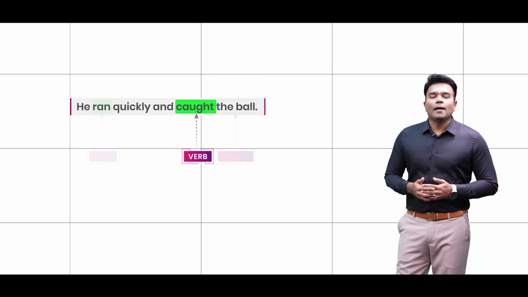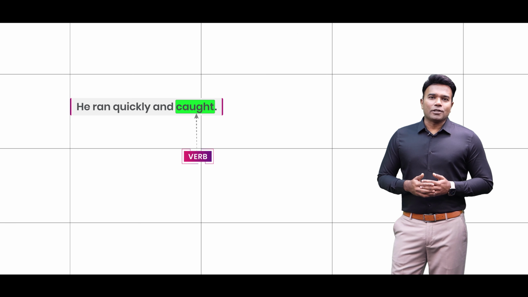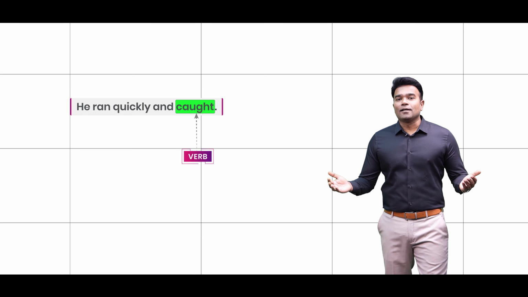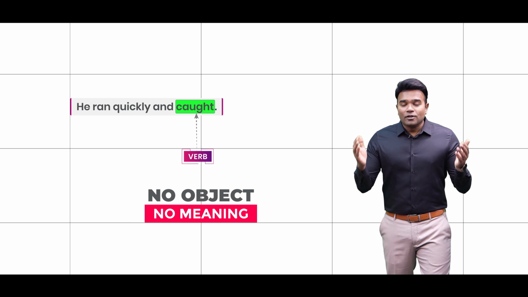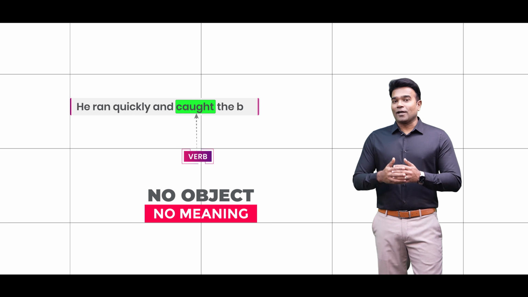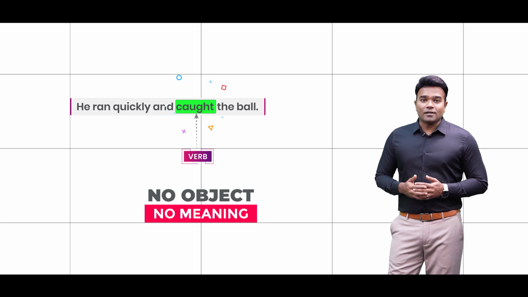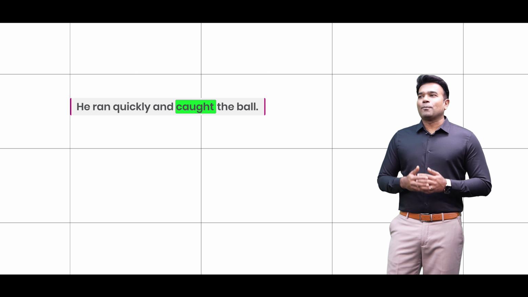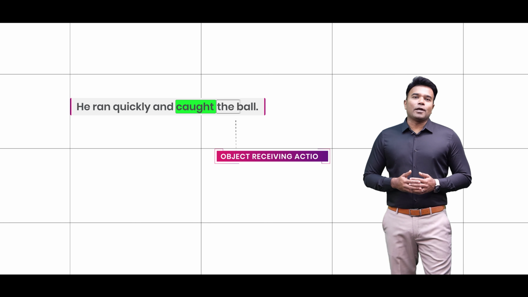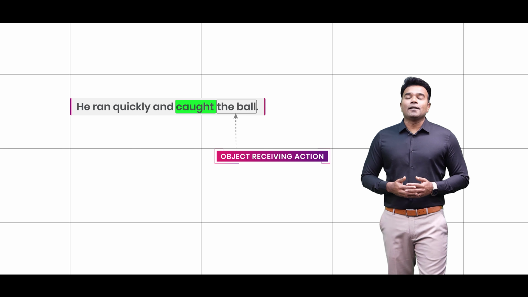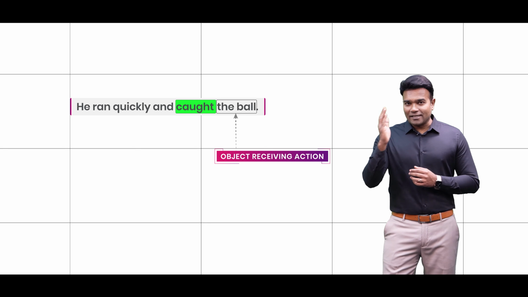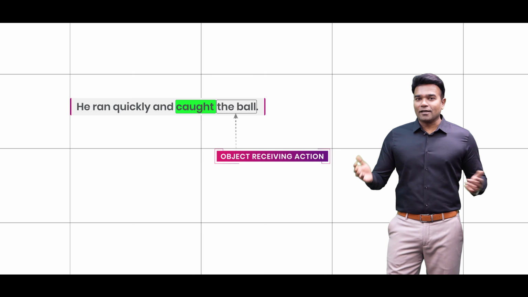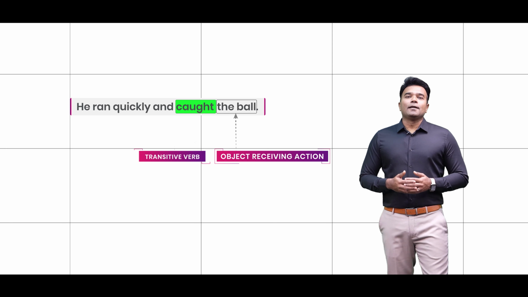Just in case I remove the ball here, obviously he ran quickly and caught, but then what did he catch is the question. In other words, without the object the ball here, the verb caught doesn't make any sense. In other words, caught is such a verb which definitely requires an object so that the action of catching can be transferred or transited to the object.